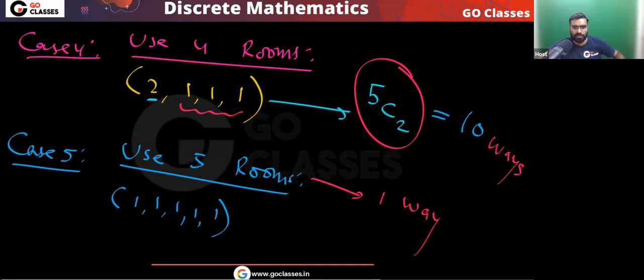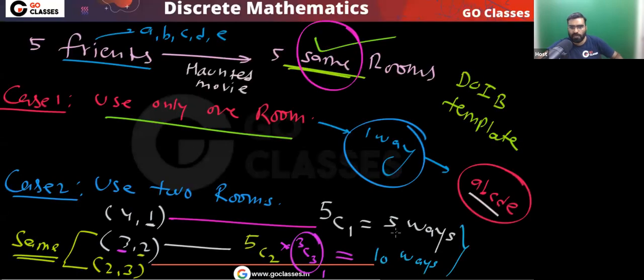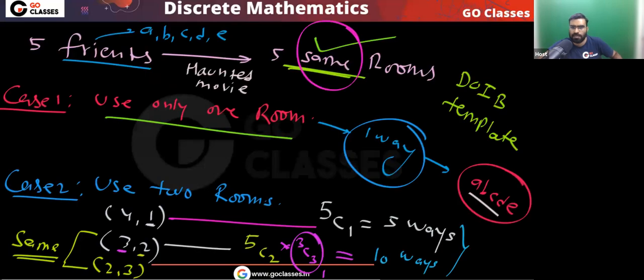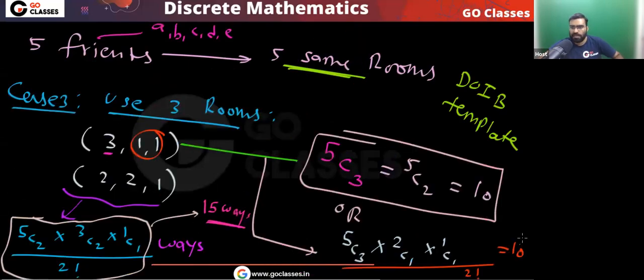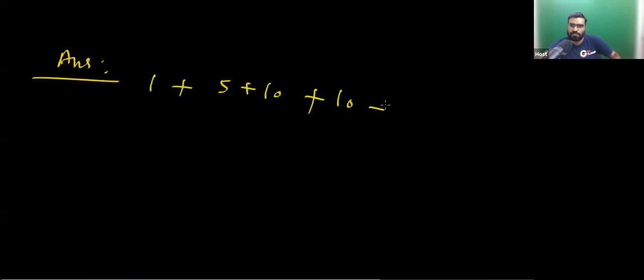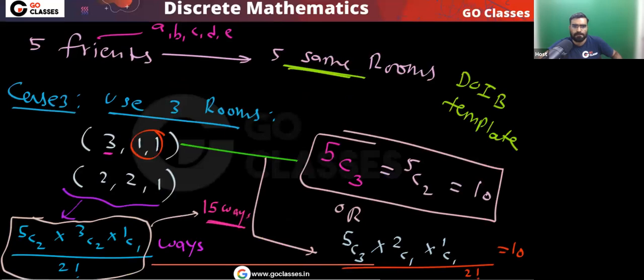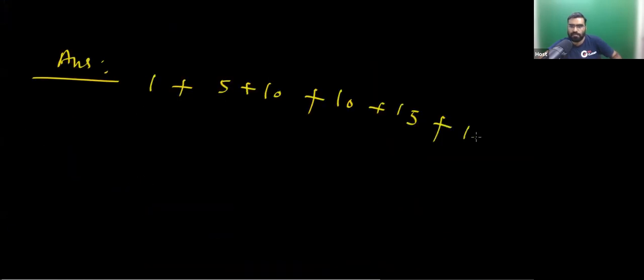Your final answer is what? Tell me your final answer. You can just add all of them. From the beginning, 1 plus 5 plus 10 plus 10 plus 15 plus 10 plus 1.